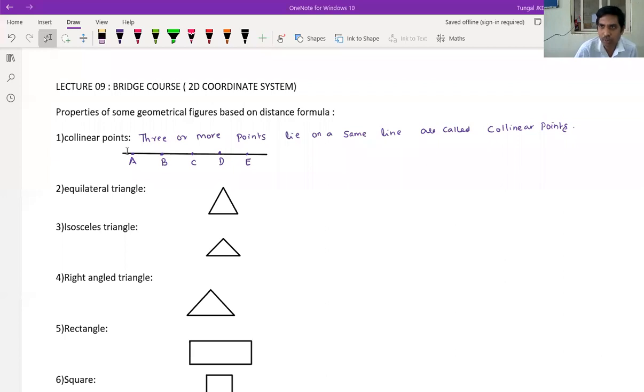So suppose 3 points are collinear. How can you say that 3 points lie on a same line? 4 points collinear, nothing but the 4 points lie on a same line. So now how to say, using the distance formula, that 3 points are collinear? Suppose if I am... wait for 1 minute.